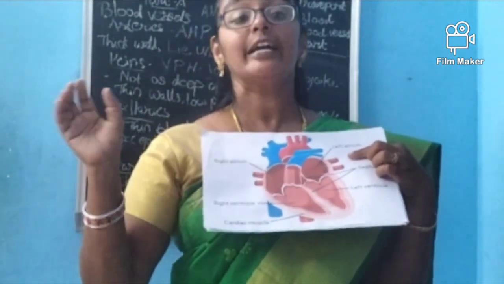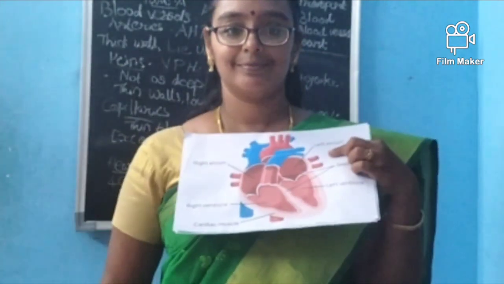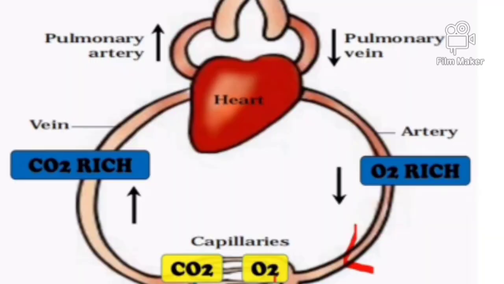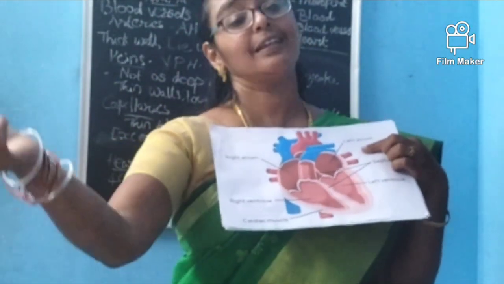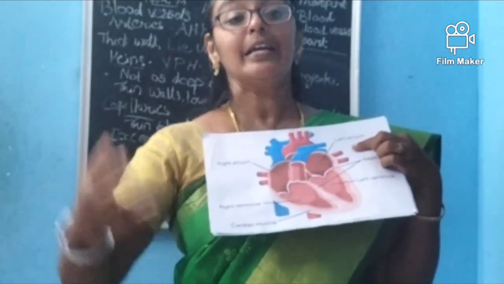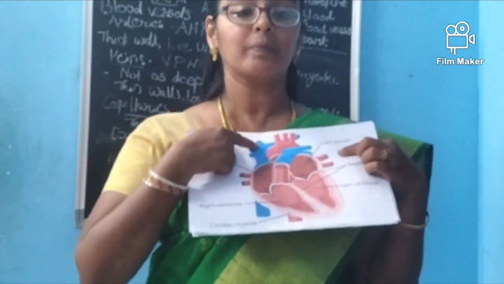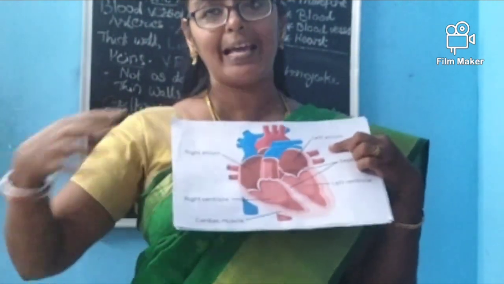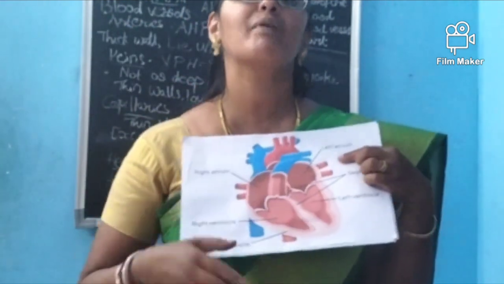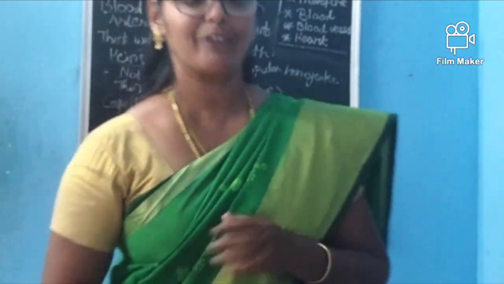Through the aorta it will move to different parts. Okay. When it reaches the different parts, the cells will be happy because they get oxygen. And they say, this waste I don't want. Please take it away. Then again the carbon dioxide will be back to the blood. It will be coming back through the vena cavas to what? Right atrium. Like that it will be moving. This is the function of the heart.